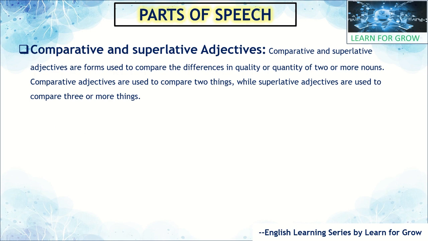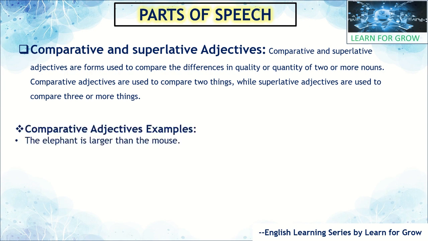And last but not least, comparative and superlative adjectives. It was very interesting. See here, comparative and superlative adjectives are forms used to compare the difference in the quality or quantity of two or more nouns. Comparative adjectives are used to compare two things, while superlative adjectives are used to compare three or more things.